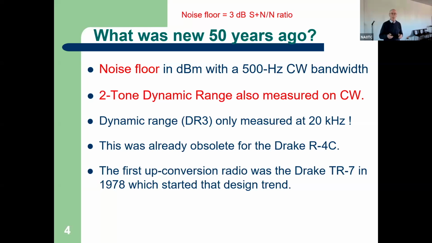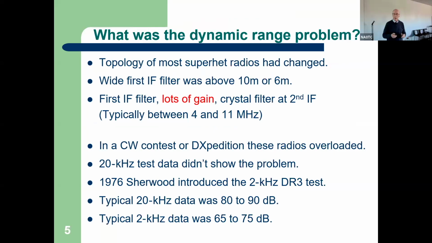And then along came the TR7 just a few years later. It was the beginning of the upconversion radios. That's all we had for like 20 or 25 years. So what was the problem? The topology of the radios had changed. We had a wide first IF, usually 15 kilohertz because it was an FM filter, above 10 meters or above 6 meters.